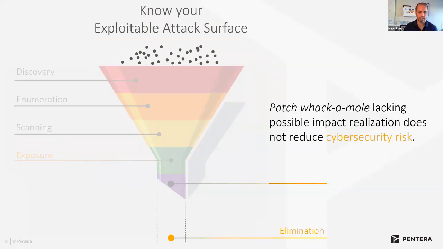And if I focus on the elimination part, elimination of that risk, a risk that was proven to you based on how the attack surface was exploitable and what the adversary can achieve.